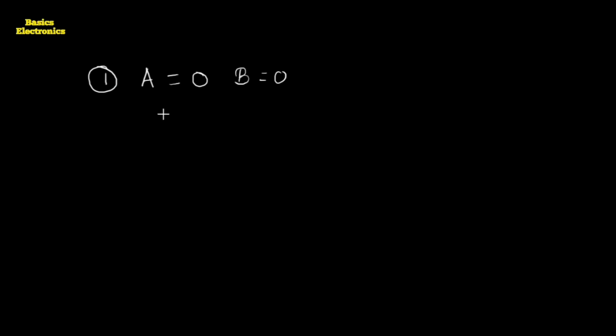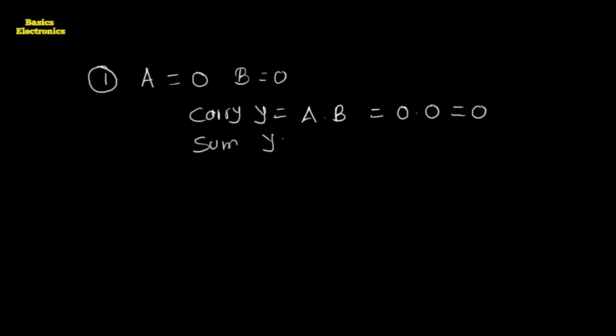When we apply the inputs 0, 0, the carry Y equals A dot B equals 0 dot 0 equals 0, and the sum Y equals A XOR B, which is 0 XOR 0 equals 0.